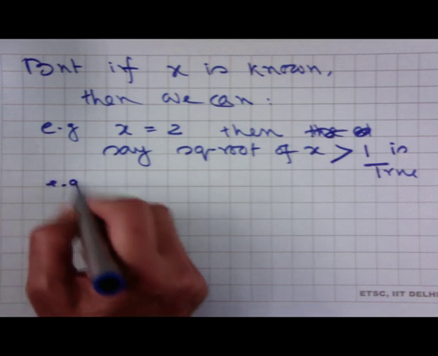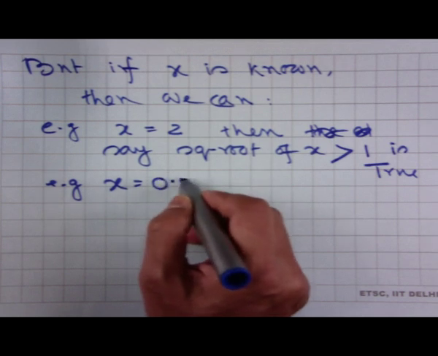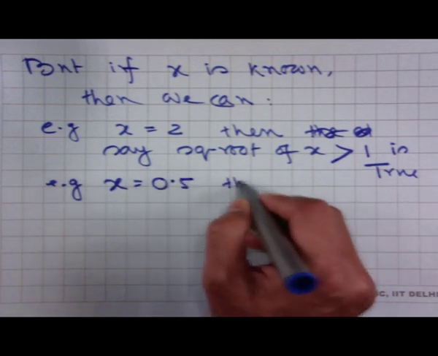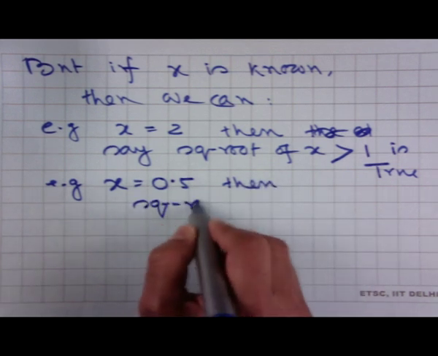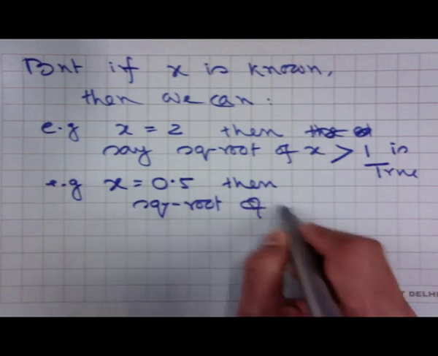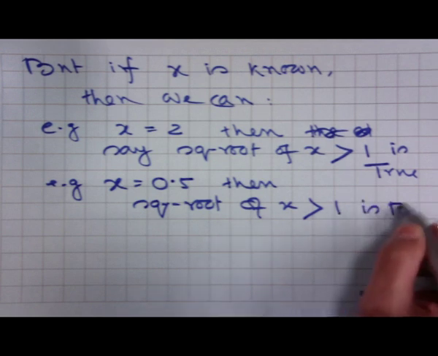If x is equal to 0.5, then square root of x greater than 1 is false.